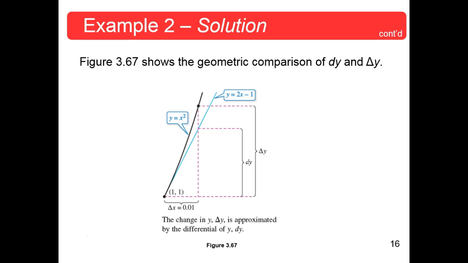Okay? The change in y, which is your delta y, is between here and here. That's what the 0.0201 was. Whereas your dy was this part here, which is 0.02, the difference between those two. Okay?